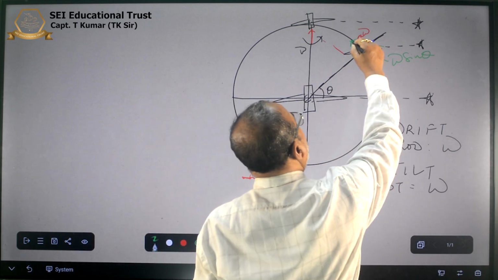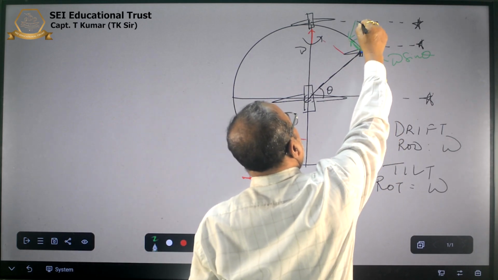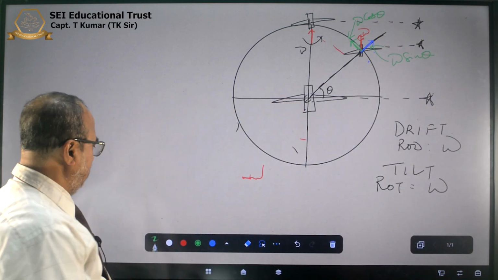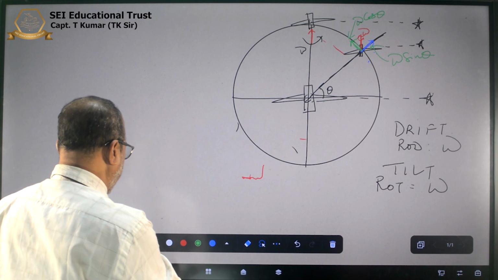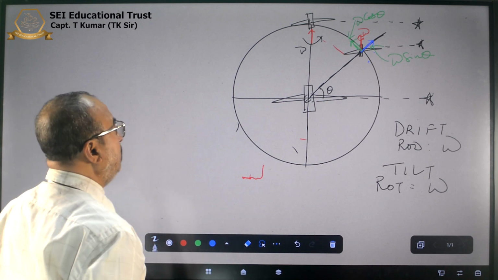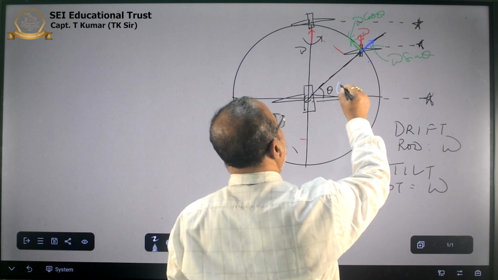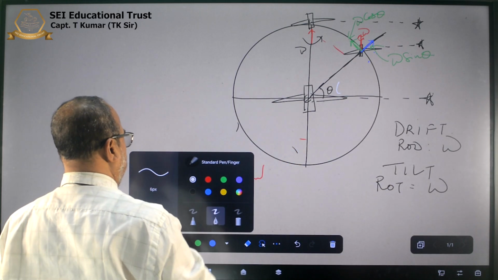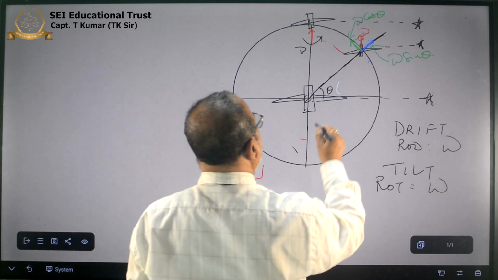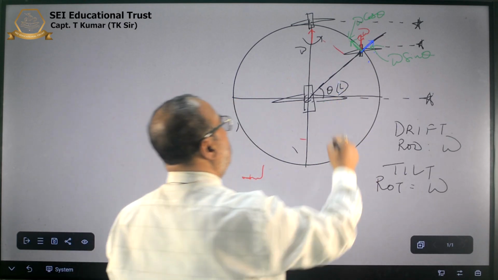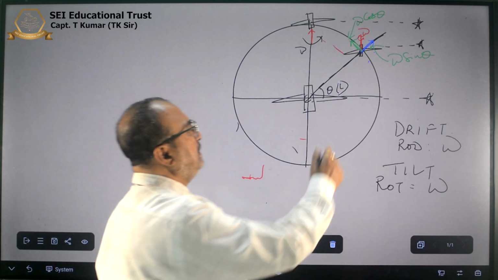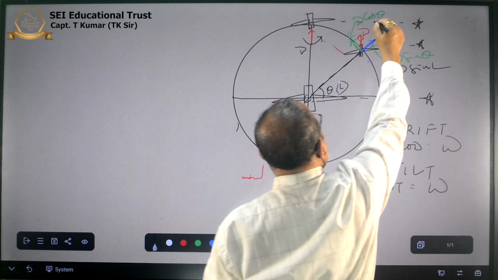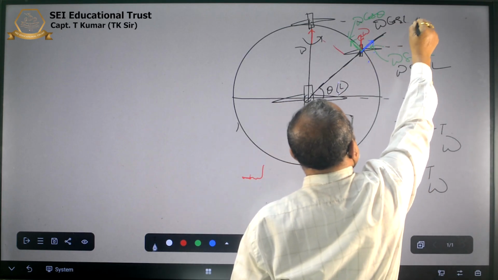The other component will be this one: omega cos theta. What is theta? Theta is nothing but the latitude. So that means this is omega sin lat and this will be omega cos lat.